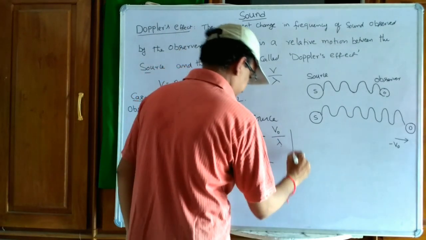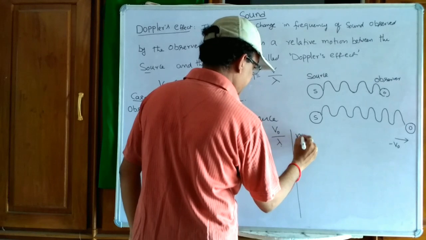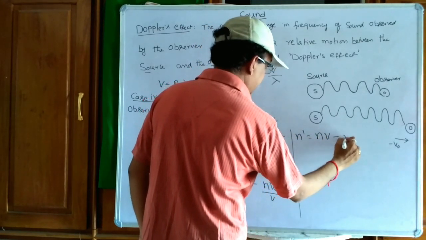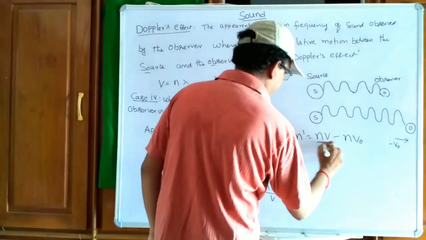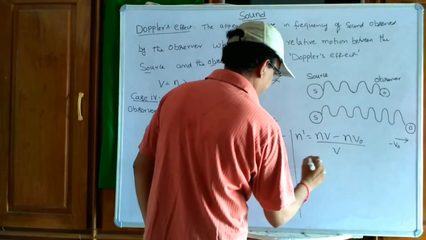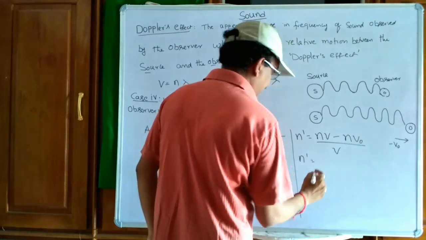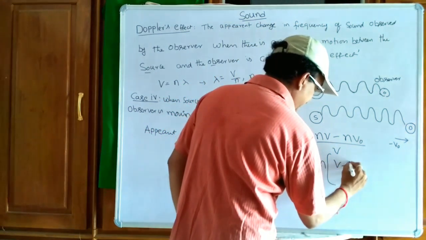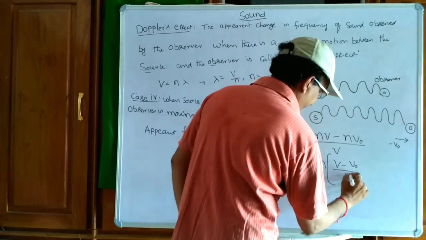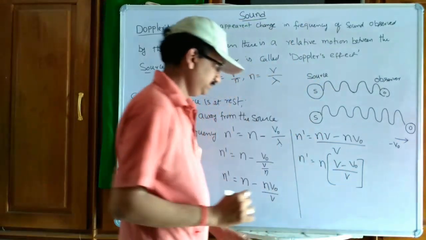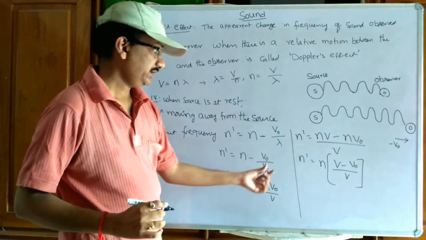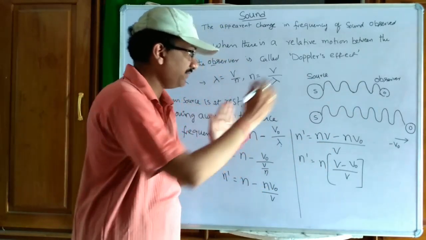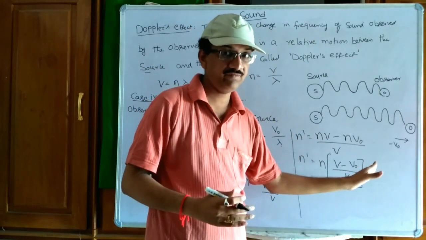Then n dash is equal to nV minus n V naught by V. N dash is equal to n taken as common factor, V minus V naught by V. This is the condition for the observer moving away from the source, that is minus V naught.